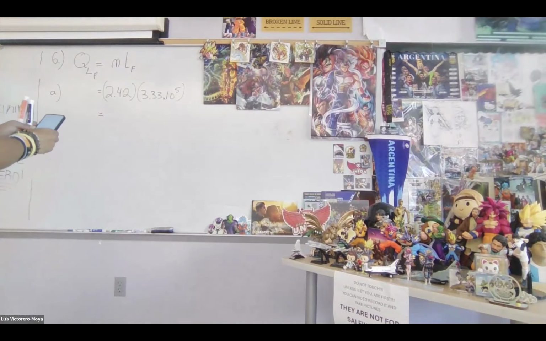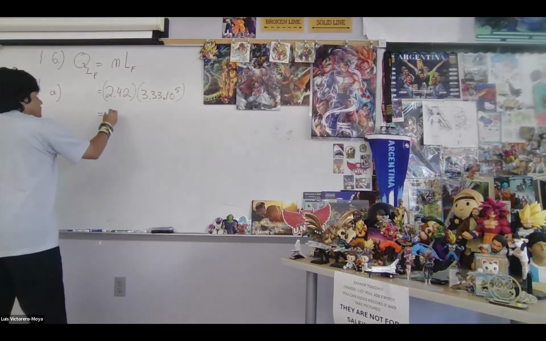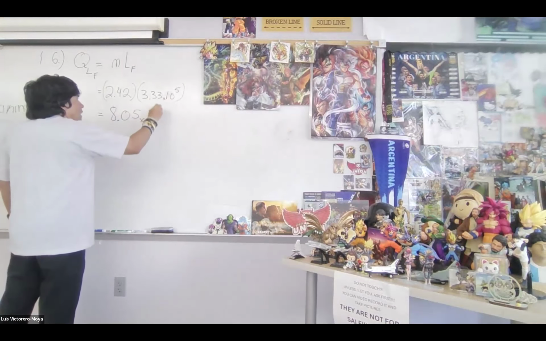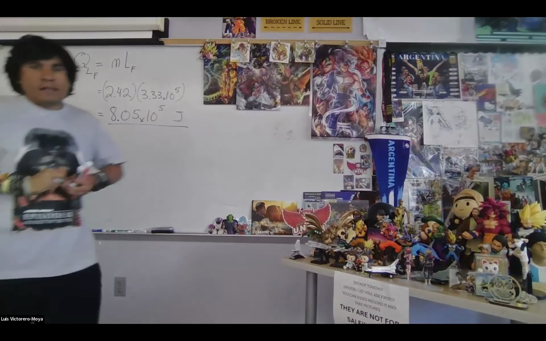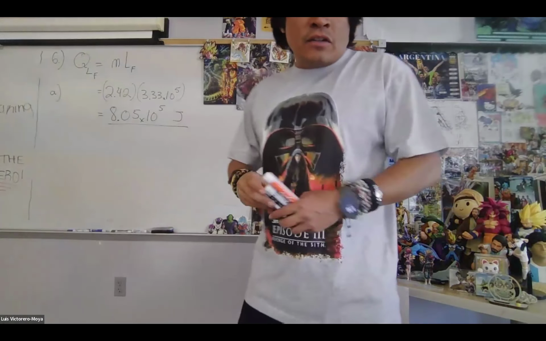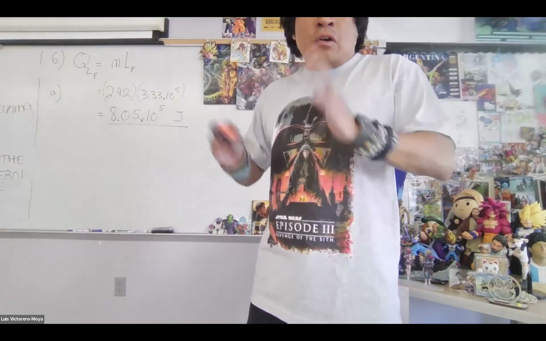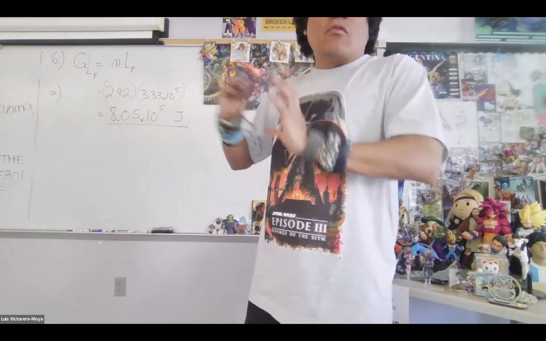So that's 2.42 times 3.33, 8.05 times 10 to the 5 joules. That's the energy to melt all that ice. But then they ask you how much energy remains to raise the temperature. So once you melt the ice, you're going to increase the temperature of water.